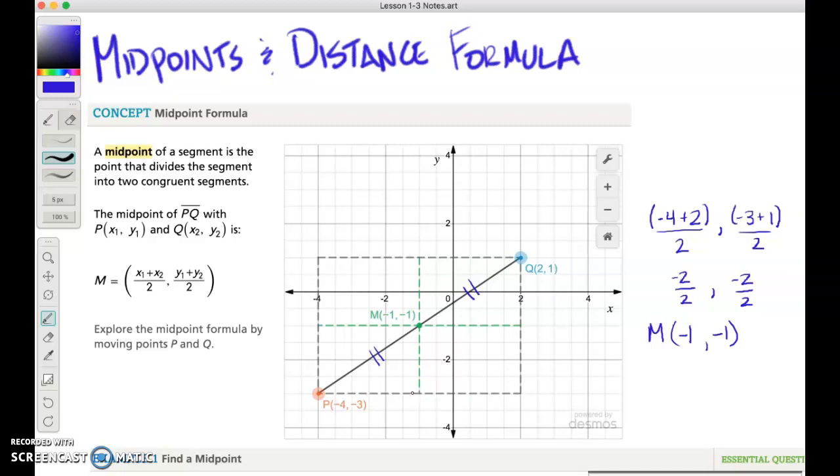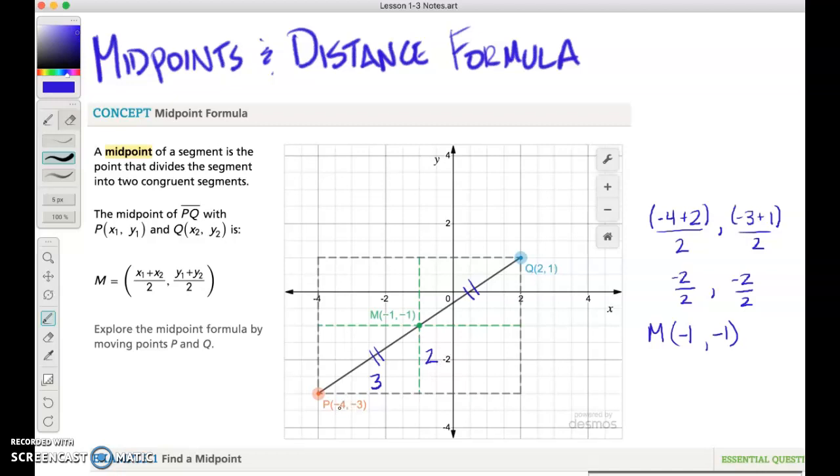Now, it looks like that's 6 blocks, but if I look at the scale of this graph, each block is actually worth half a unit. So walking from P to halfway over would be walking a total of 6 blocks, which is 3 units. And then if I walk up halfway from where I would need to go from this point up to there, that's 4 blocks, which is a total of 2 units.